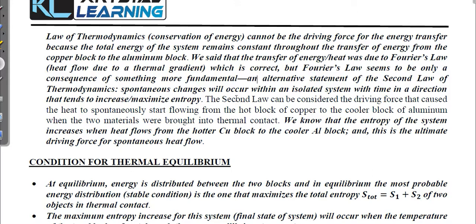So the entropy of the complete system increases when heat flows from the hotter copper to the cooler aluminum block. This is the ultimate driving force of spontaneous heat flow.